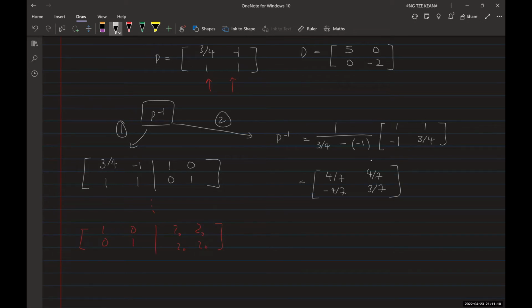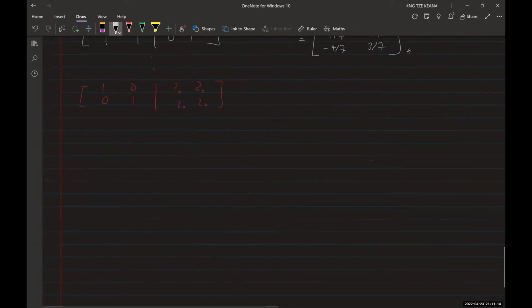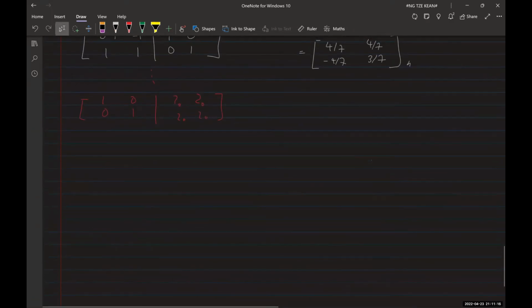So this is your P inverse. And we have formed A is equal to P D P inverse. So just plug the matrices that we have solved for here, and that will be your final answer.